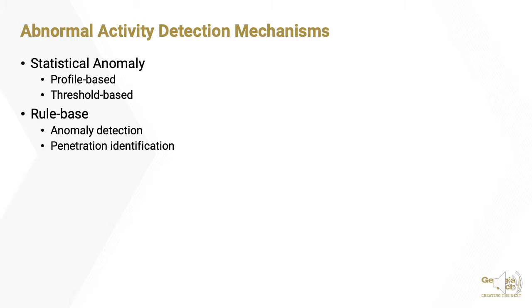The statistical anomaly technique can be further split into two categories: profile-based and threshold-based. The profile-based detection forms a baseline for what is considered as normal traffic, meaning that the network traffic is being profiled based on its parameters.